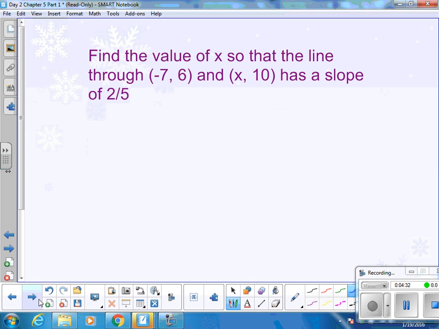Now find the value of x so that the line through that coordinate and this coordinate has a slope of 2.5. So I can set this up using the same thing. So I can do 10 minus 6 over, and I use these points, so it's x minus -7, and I know together these should equal the ratio of 2/5.